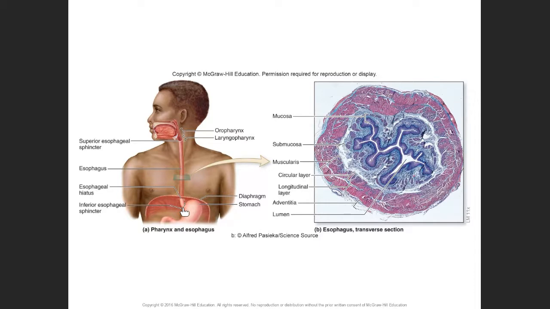Pay attention, the sphincter is the thicker inner circular muscle in the tunica muscularis, and contraction of this muscle can control the entrance and exit of material from each part of our digestive system.